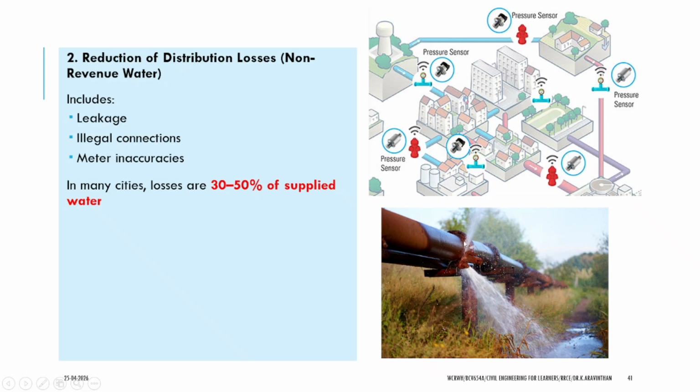If there is any leak like this, it has to be addressed, and people have to be aware of where to give the information, and it has to reach the corporation so they can take the necessary action. This is a long system, and this kind of water distribution network is called distribution lines.